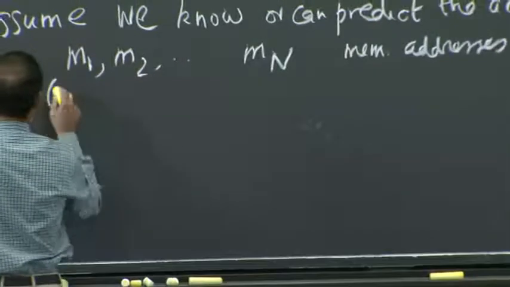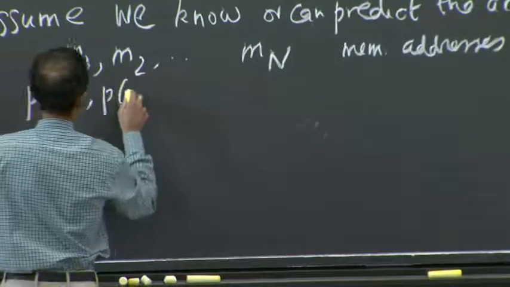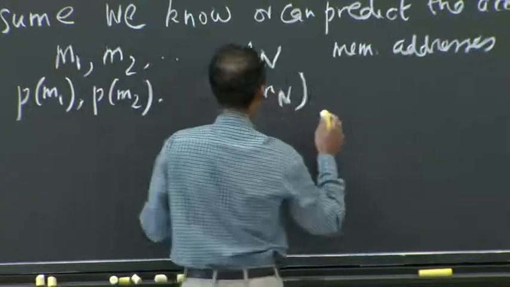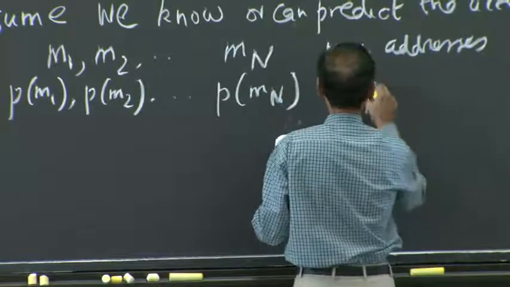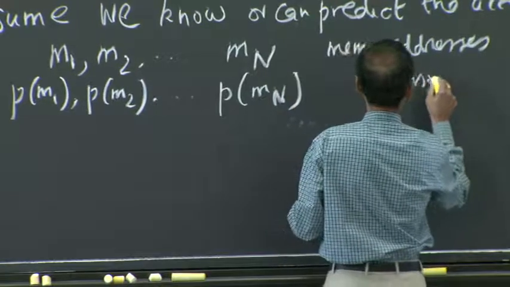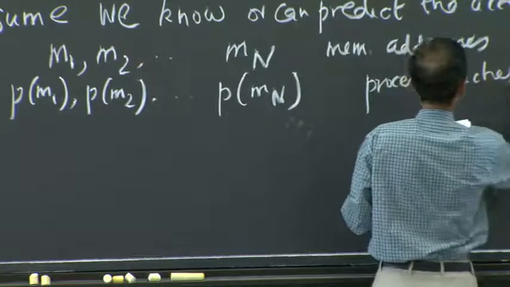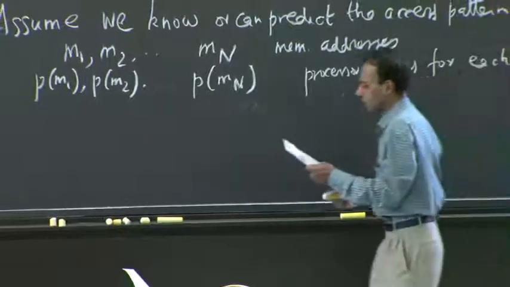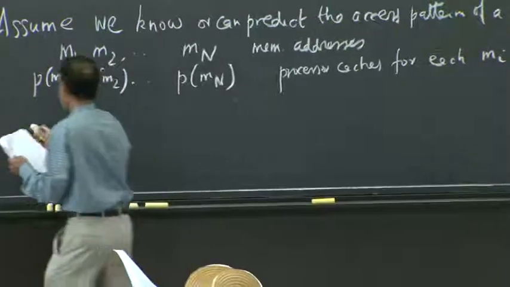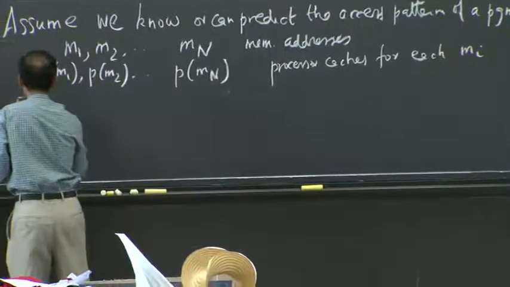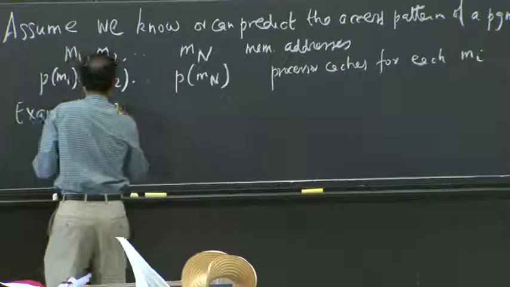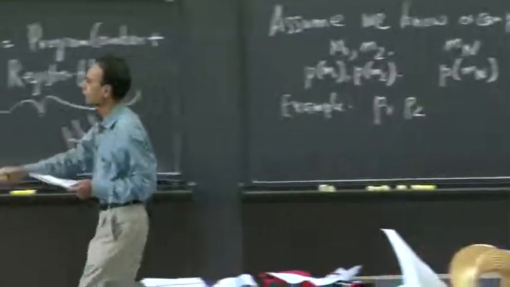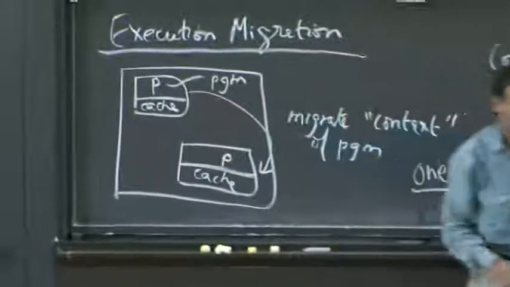And I'm going to think about P of M1, P of M2, P of Mn as the processor caches for each Mi. So what might be the case in a simple example is you want to access memory in processor 1. You're sitting there, you want to access memory in processor 1.